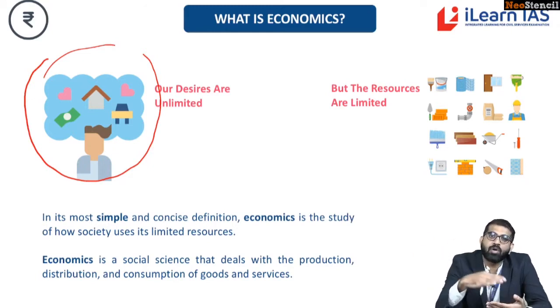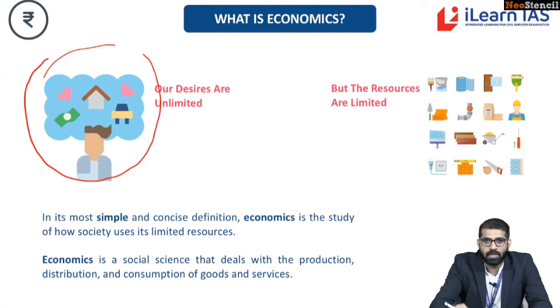Automatically you will have this tendency to go for the new one. This is why there are people who change their smartphone every year, because the desire to have the best smartphone is there. The very next year when the new smartphone comes into the market, they are again going to purchase it. So this is how our needs or wants work.